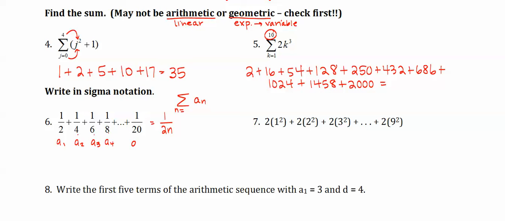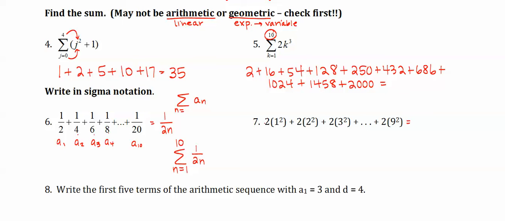So I'm guessing this would be my 10th term. 2 times 10 is 20. So in sigma notation, I have 1 over 2n. I'm going to plug in 1 to create the first fraction, and I'm going to plug in 10 to create the last fraction. And there we have our sigma notation. Okay, for number 7, let's see.